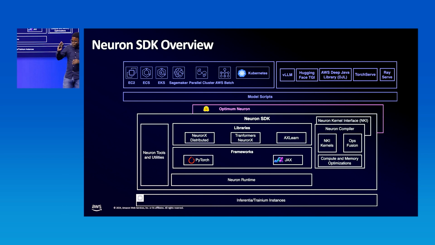On the right, we have the Neuron Kernel Interface, and we are very excited about the preview launch of the Neuron Kernel Interface in a few weeks. This enables you to innovate faster by writing your own custom kernels for these accelerators. This is important in the field of generative AI because the innovation is happening at such a rapid pace.